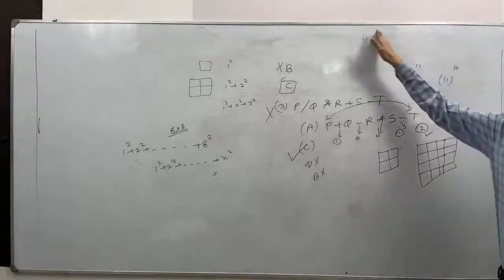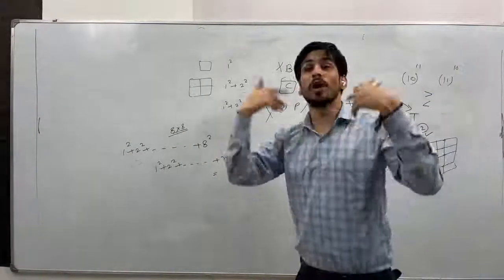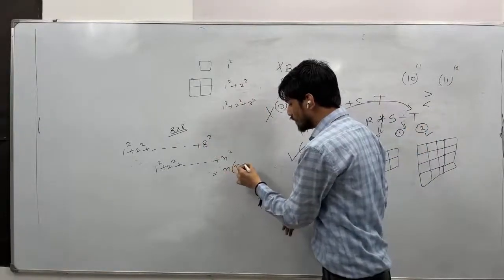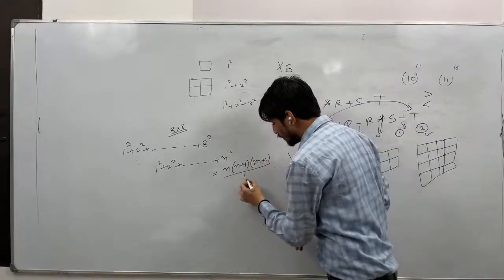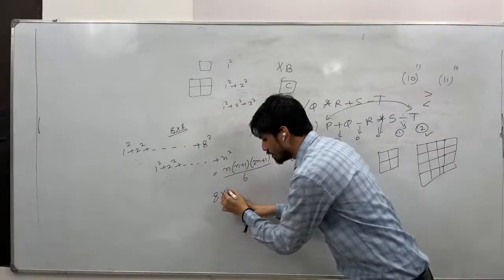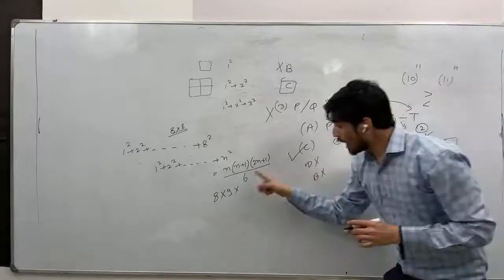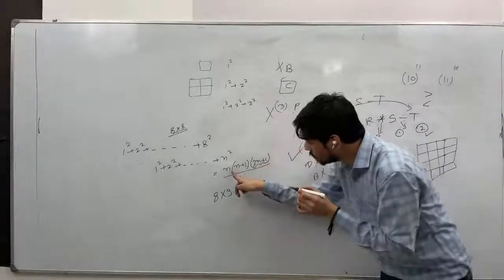What was 1 plus 2 plus 3 up to n? That is the sum of natural numbers. This is the first time squaring the numbers, then adding. So for this also we have a formula: n(n plus 1)(2n plus 1) by 6. Up to 8 I have to go, so n is 8. After 8 what comes? 9. And then I add both, since 2n plus 1 is nothing but the sum of these two.